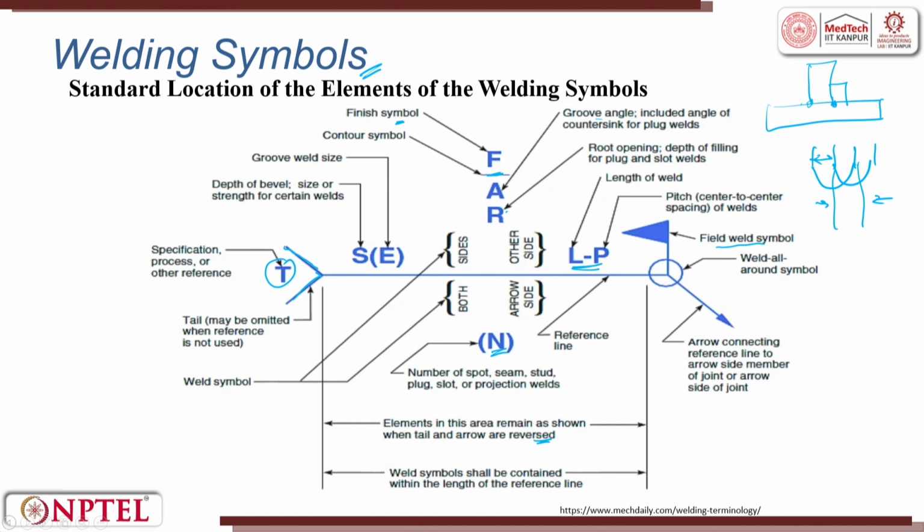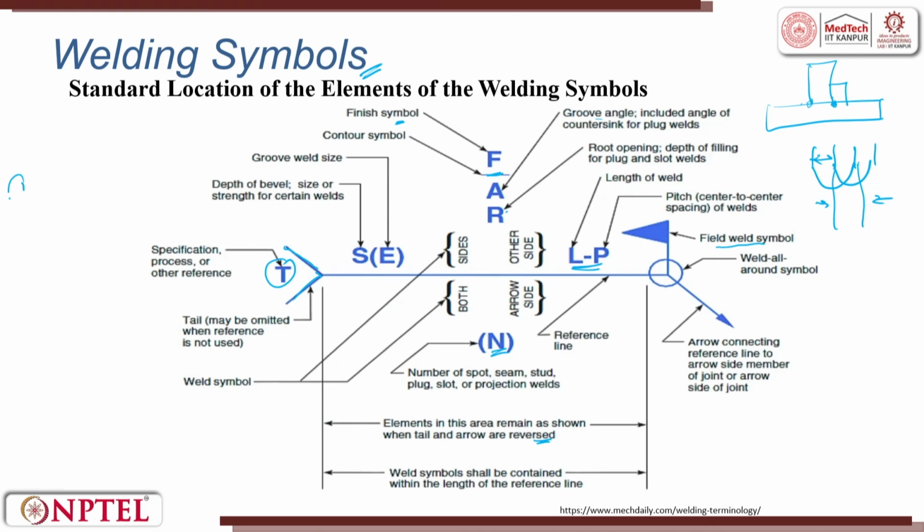Before I close the lecture, I have a few things for you to understand and enjoy the welding chapter. First, make a list of 10 components or parts or products, whatever it is, around you where welding is done.